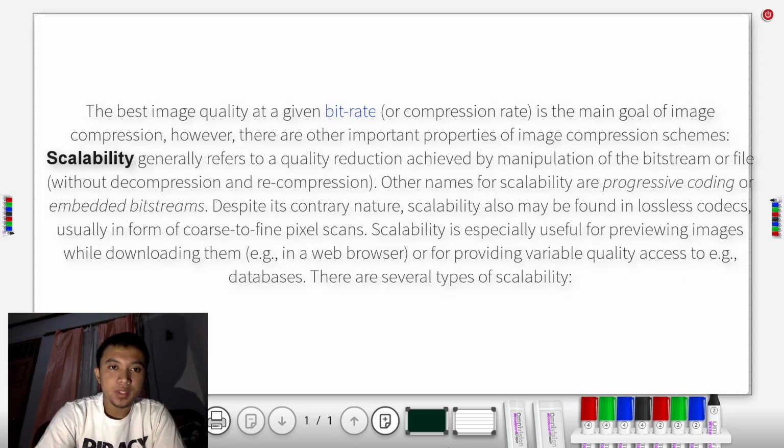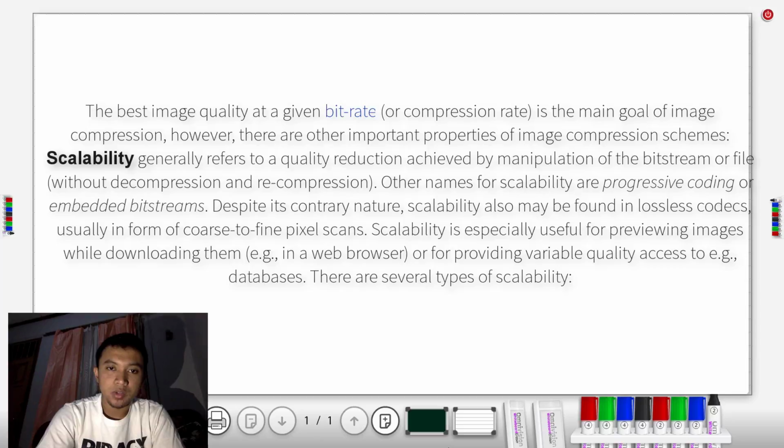The best image quality at a given bitrate or compression rate is the main goal of image compression. However, there are other important properties of image compression schemes. Scalability generally refers to a quality reduction achieved by manipulation of the bit stream or file without decompression and recompression. Other names for scalability are progressive coding or embedded bit streams.